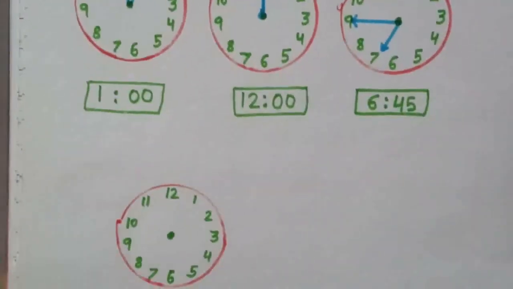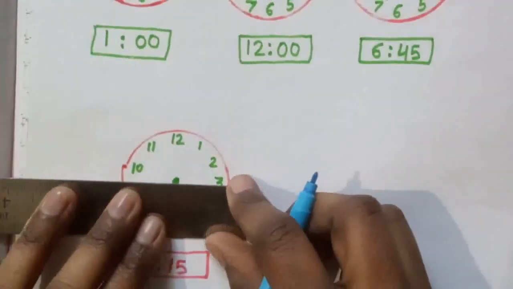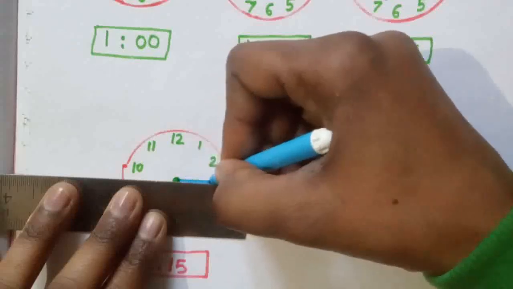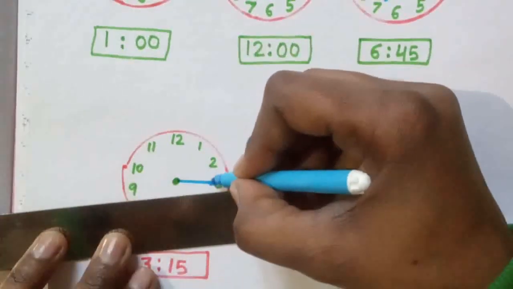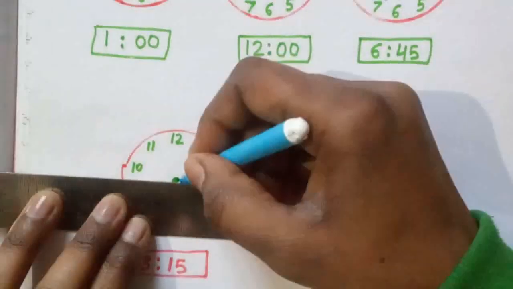And the last one is, the time is 3:15, means quarter past 3. Minute hand at 3. 3 fives are 15. Hour hand also at 3.